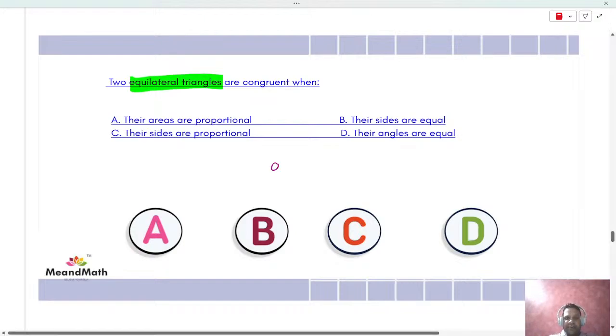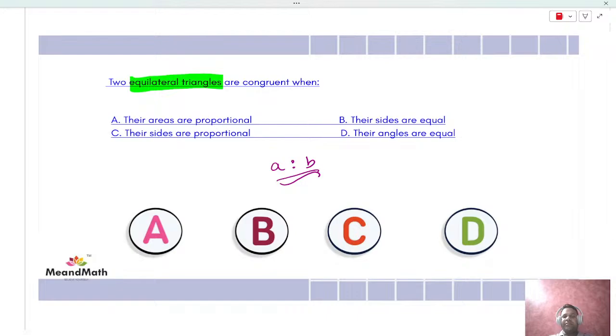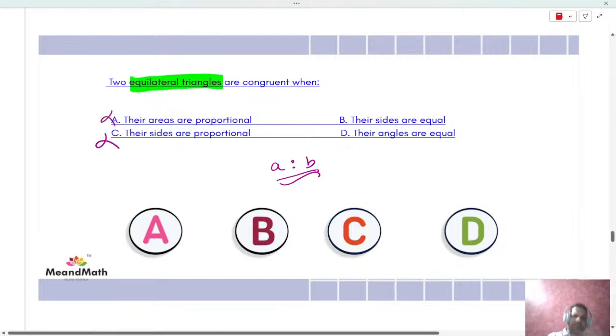Proportional means A proportion B. Okay, ratio. Proportional means ratio. So in congruence, we are not talking about ratios. In congruency we never discuss proportional and ratios. We always discuss about equal. So all options with the word proportional are wrong.